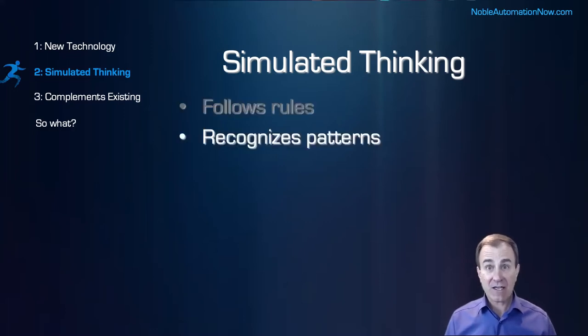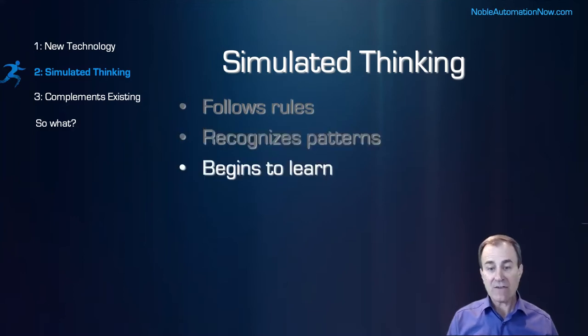But simulated thinking gets more sophisticated. So it's the ability to recognize patterns and trends. So now the technology is able to pick up on patterns and trends that are evolving, saying, well, the last 73 out of 100 times this took place, it meant this. So the new rule should be, and you can see how that can escalate forward, and it becomes predictive technology as to what's happening by looking at the data. And then the final point is that the machine can, not all do, can begin to learn.